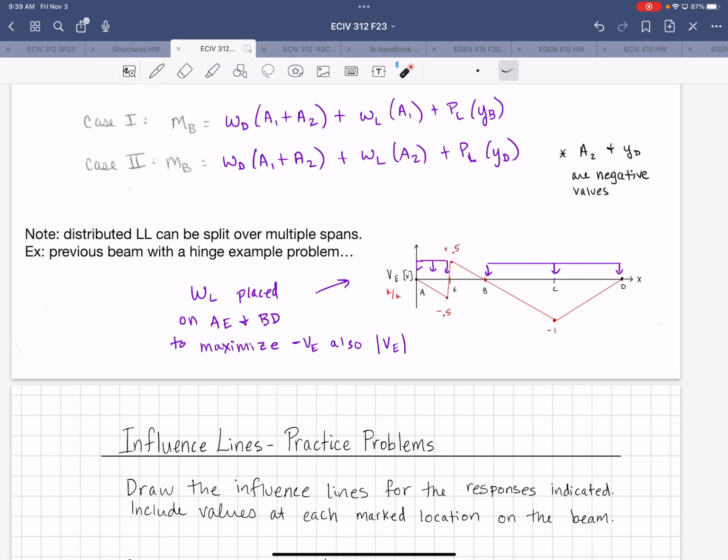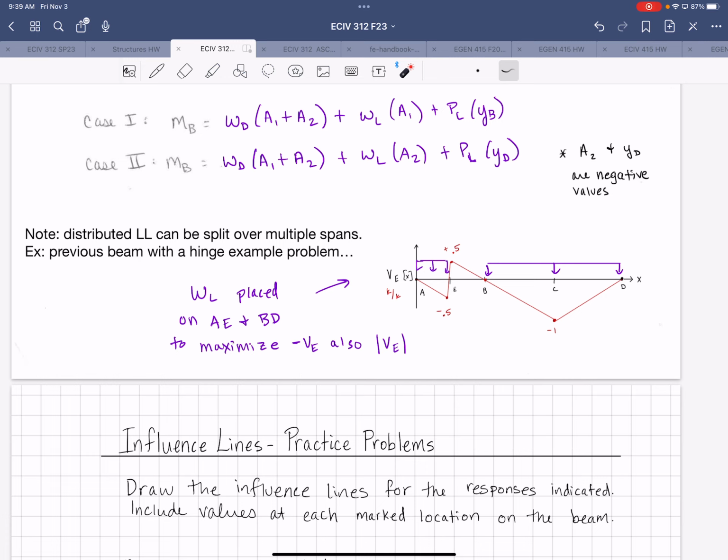All right, so if you wanted to maximize the positive shear at E, you could consider placing that live load over EB only. But depending on how much magnitude you have on the live load compared to the dead load, which is going to be present along the length of the beam, and what the magnitudes are of these influence line values, you might not actually be able to achieve a net positive shear at E, right?